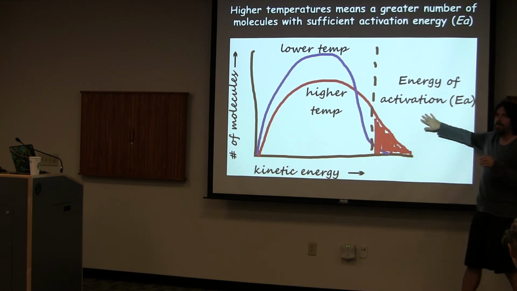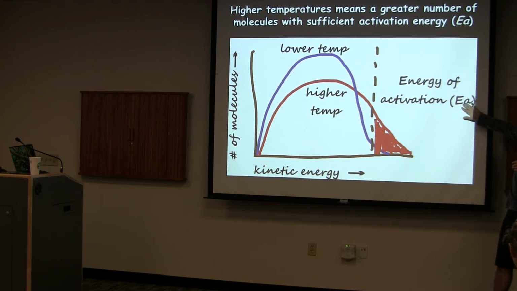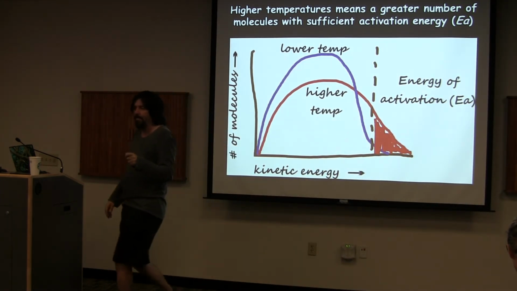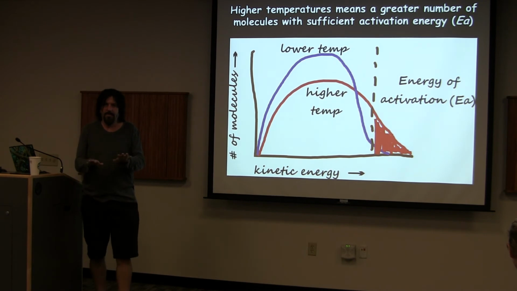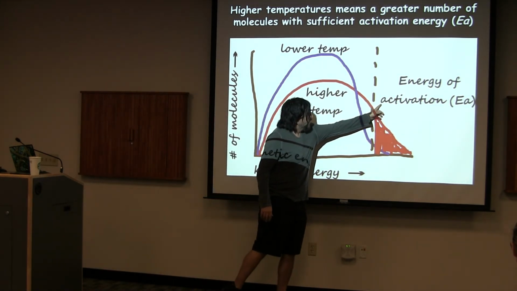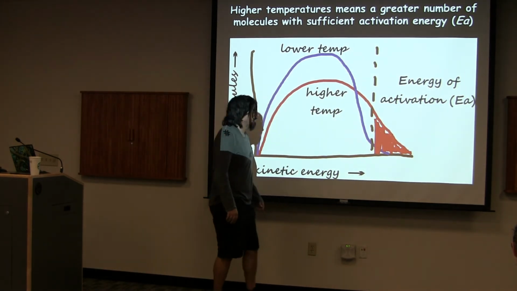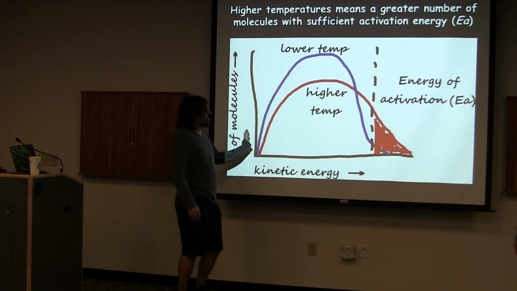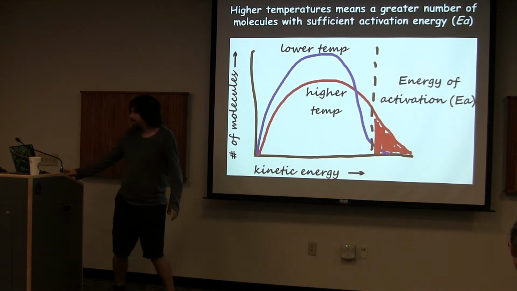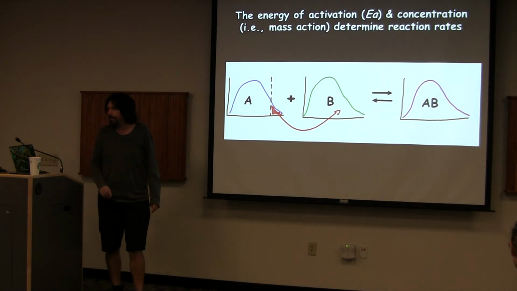These are the ones that are fast enough to do a chemical reaction, and that's what we call EA, or energy of activation. Sound familiar? This is what you use in the metabolic theory of ecology, but the idea is that at a higher temperature you have more things sitting in that part of the distribution.